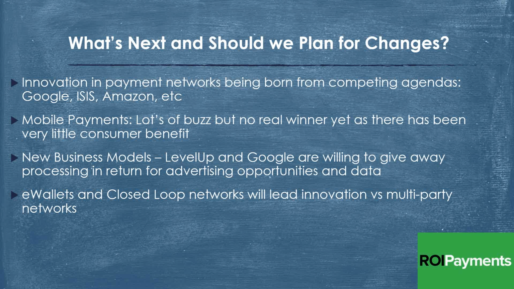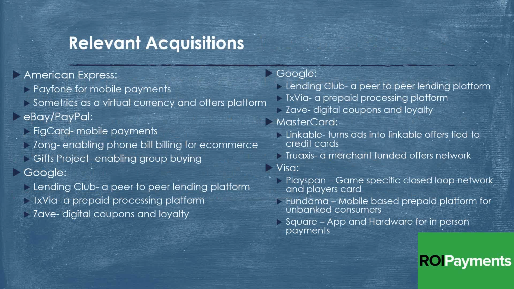And in doing so, they're offering basically free processing in the retail space. So it is our opinion that these e-wallets and closed-loop networks are going to expand and grow. And being that the majority of the people on the phone are merchants, you may want to look out for them in the coming months and years.